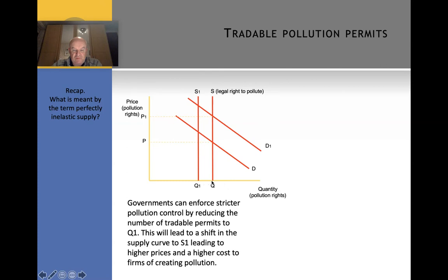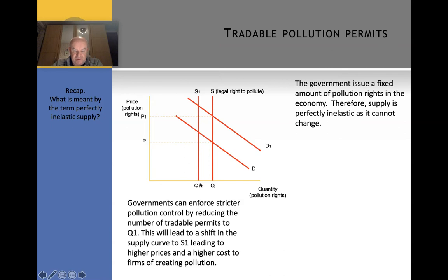Now, clearly, if that were the case, that would influence the level of supply, because if you've got a smaller amount of pollution permits available, that's going to cause the supply curve to shift to the left, okay?